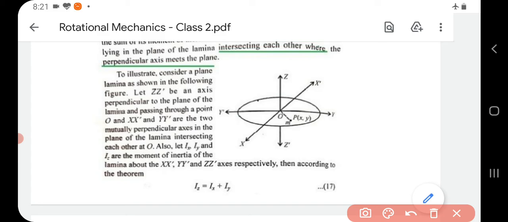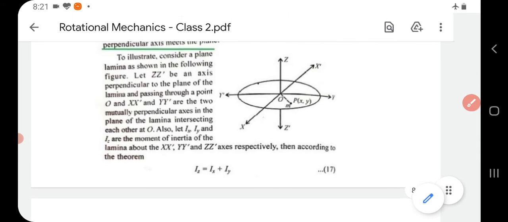They are nothing but two mutually perpendicular axes in the plane of lamina intersecting each other at the point O.